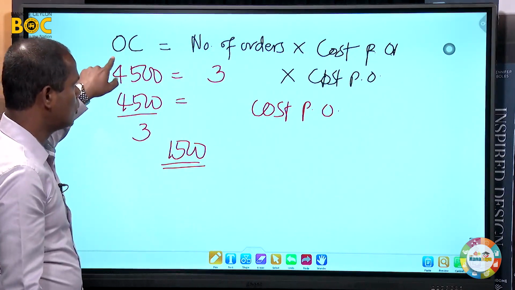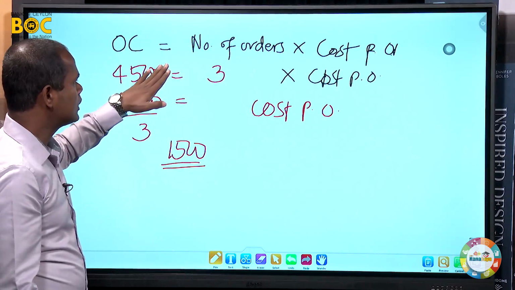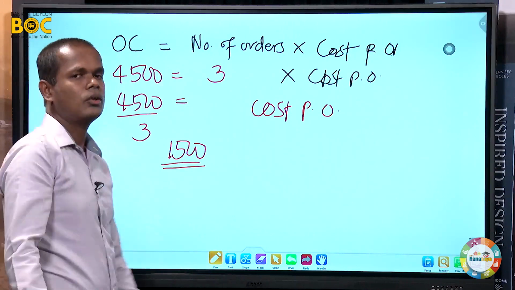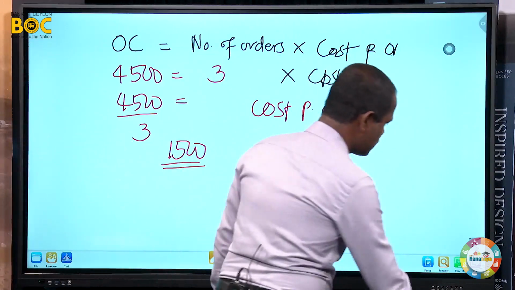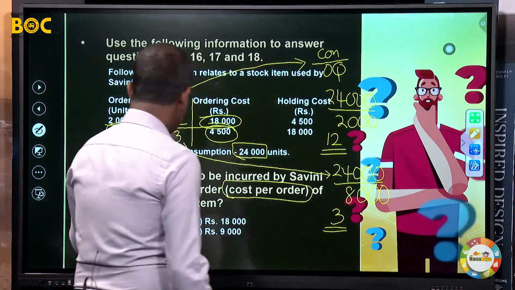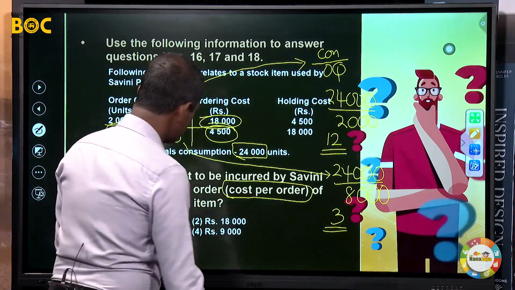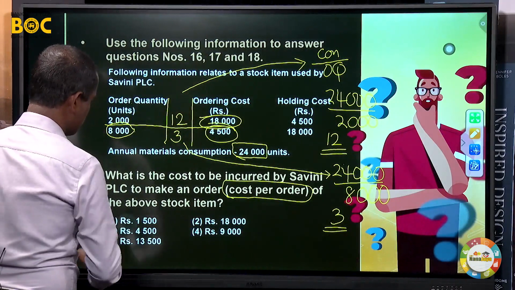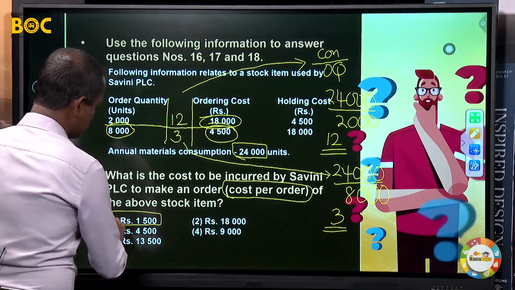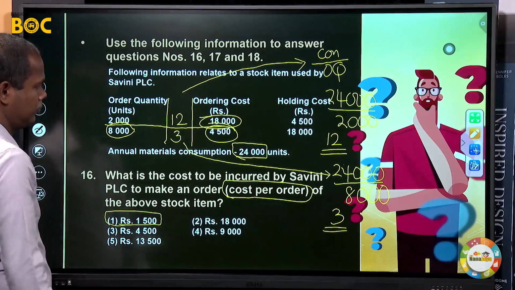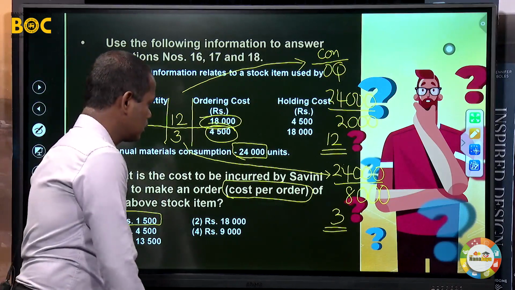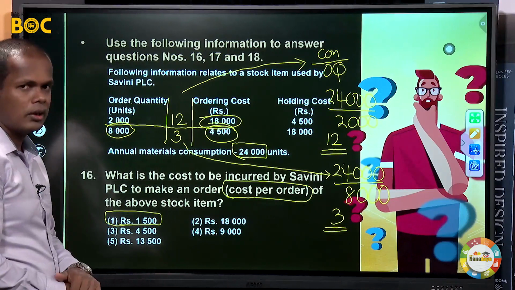How do you calculate ordering cost? Number of orders into cost per order. Now the cost per order is 1,500 rupees. How do you calculate it?